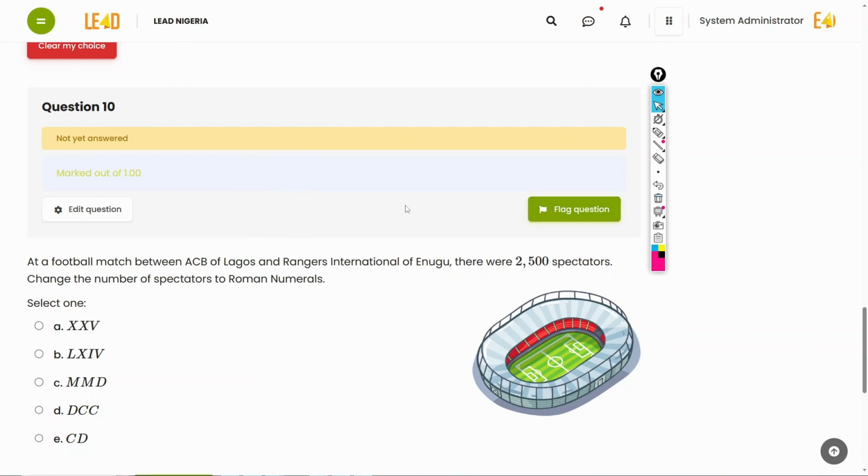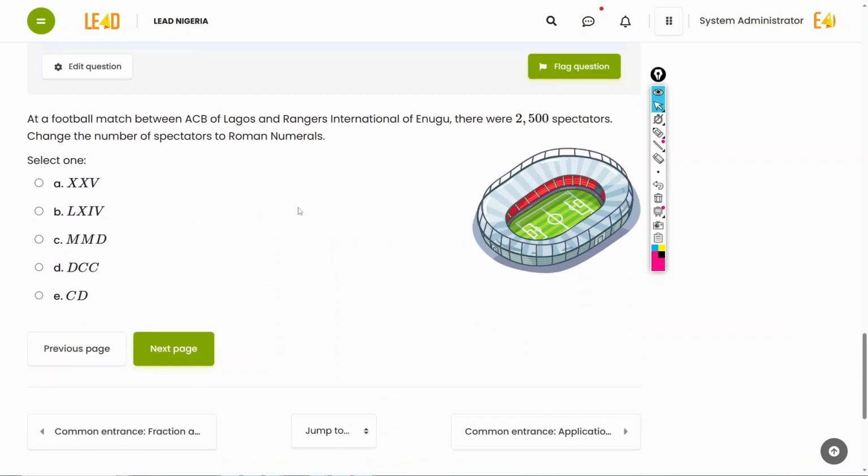All right. At a football match between ACB of Lagos and Rangers International of Enugu, there were 2,500 spectators. Change the number of spectators to Roman numerals.